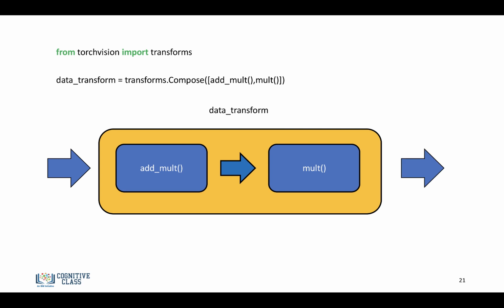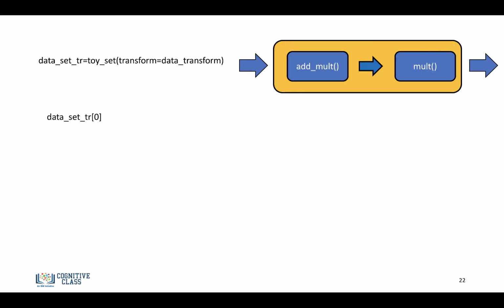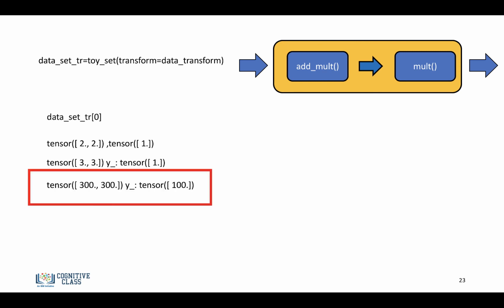In this case, our object is called data_transform, and when we create our dataset object, for the parameter transform, we'll set it equal to our data_transform object, and for the first element, it'll call the index function, and it'll apply the following transforms. So here's the original data. We'll add 1 to the tensor x, and multiply tensor y by 1, and then it will multiply both tensors by 100. And that's it.